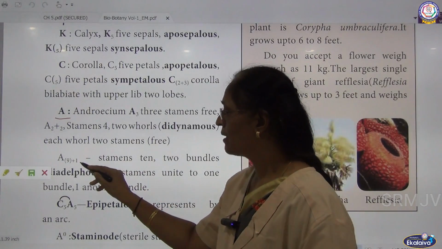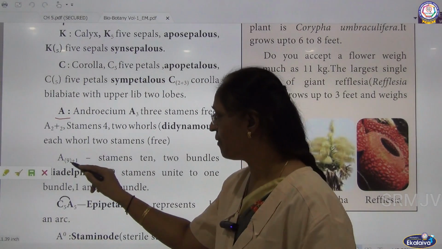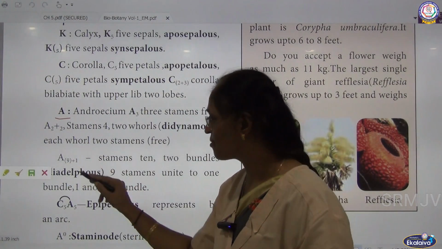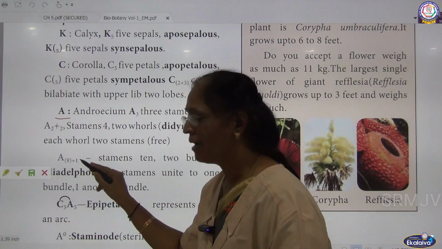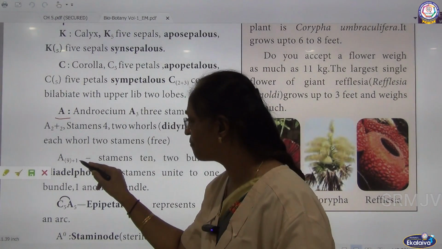So, here in Clitoria or Pisum sativum you will find 9 forming 1 bundle. So, you put 9 inside the bracket and 1 is free there, so you put 1.